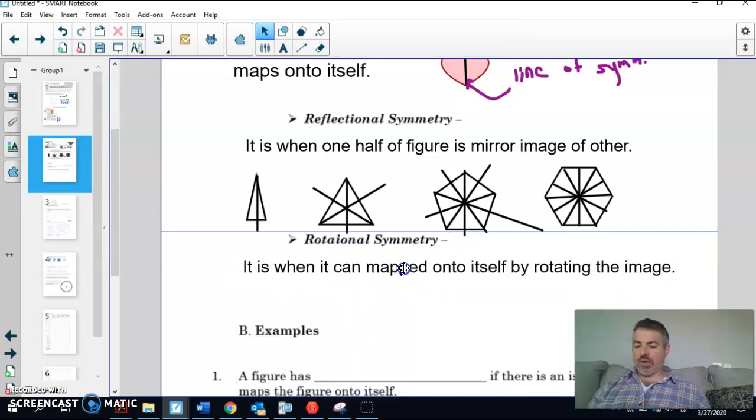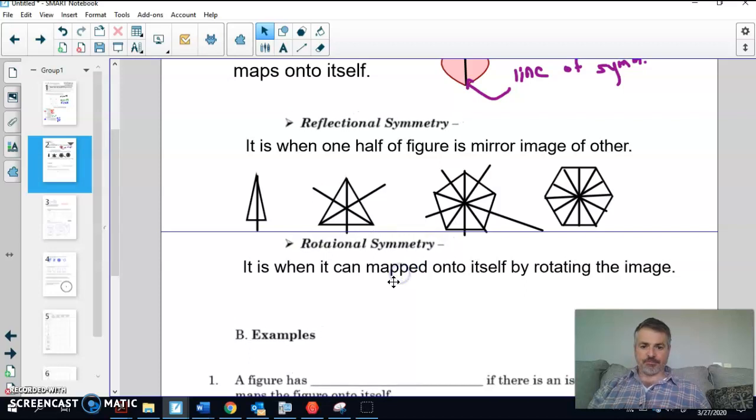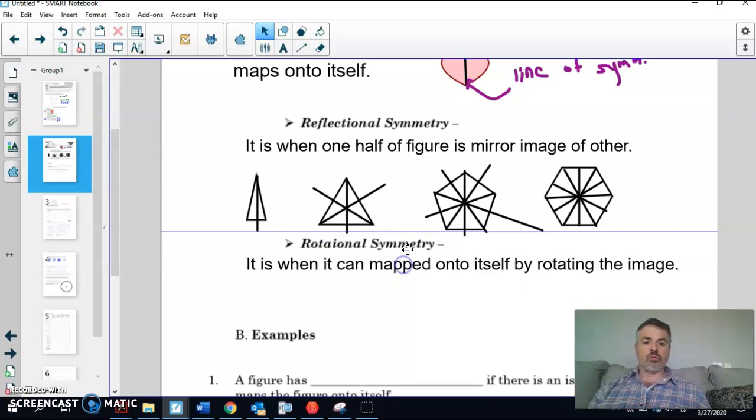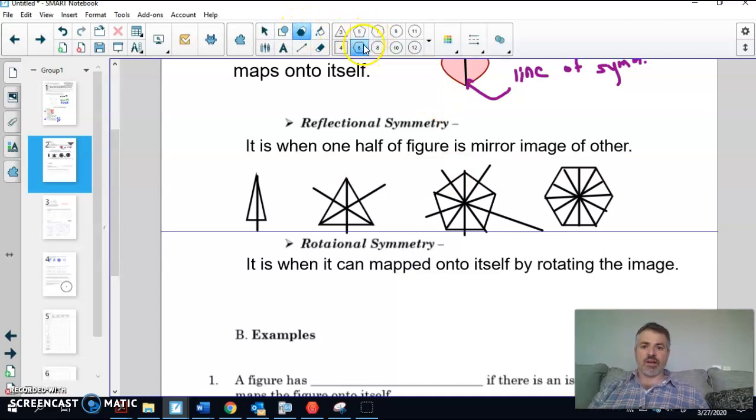So again, I could use regular polygons to illustrate that as well. So again, I'll use the hexagon again.